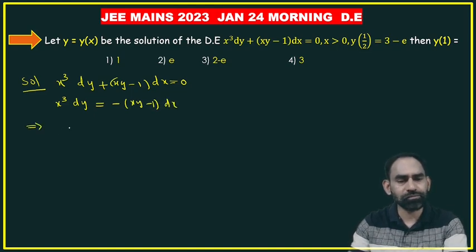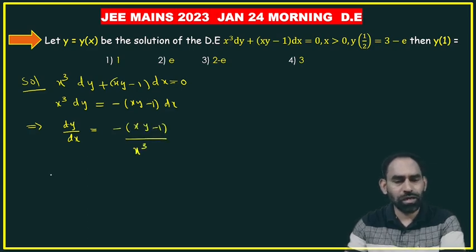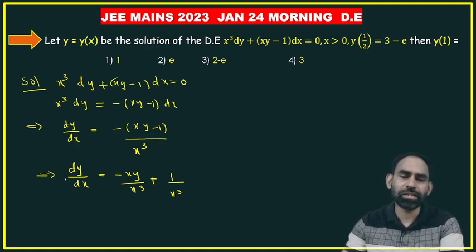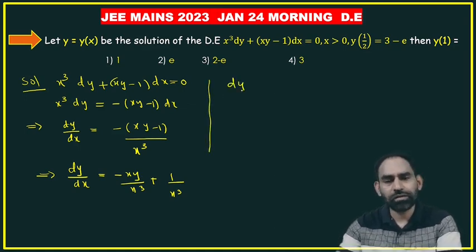This implies dy/dx = −(xy − 1)/x³. Now dy/dx = −xy/x³ + 1/x³. Now the minus term written on the left-hand side becomes plus: dy/dx + xy/x³ = 1/x³.